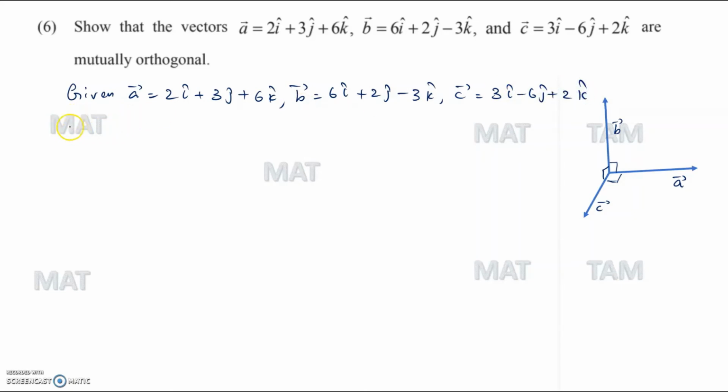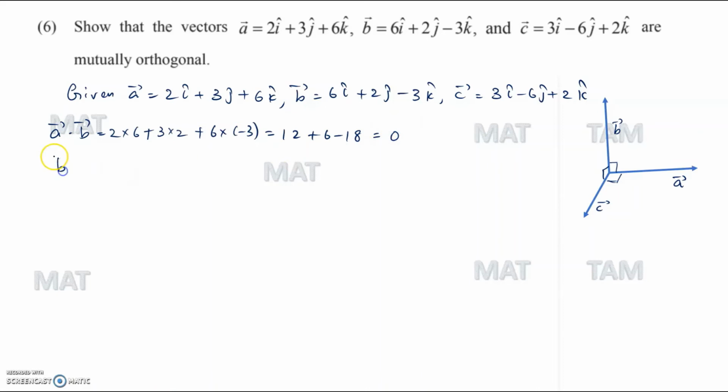So first let's find A dot product with B. So that's equal to 2 times 6 plus 3 times 2 plus 6 times minus 3, which is equal to 12 plus 6 minus 18, and that's equal to 0.